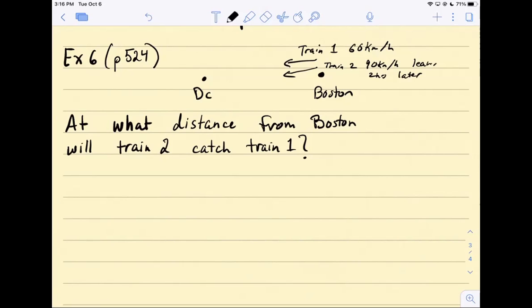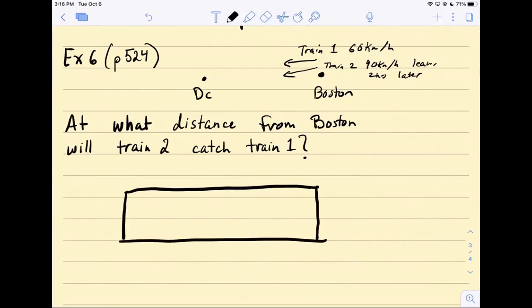So let's start off with a table here. And we're just going to fill in the table to get our equations. That's all. So we have trip 1, and we have trip 2.